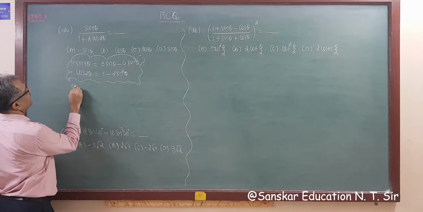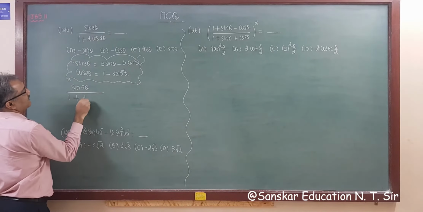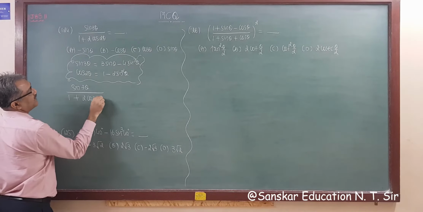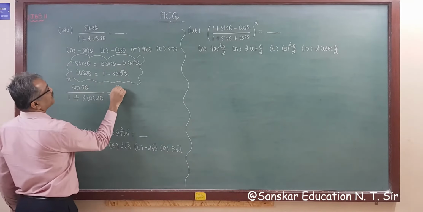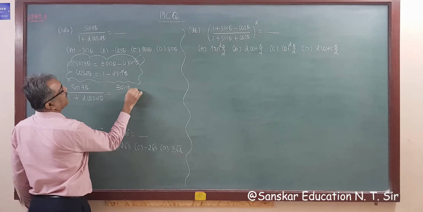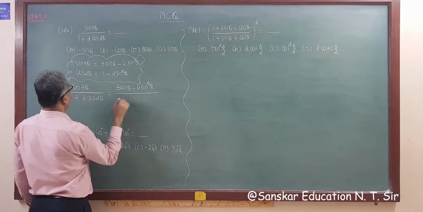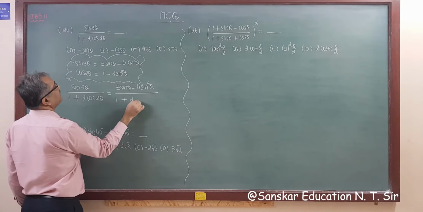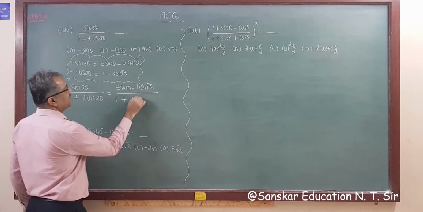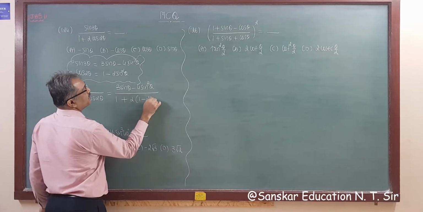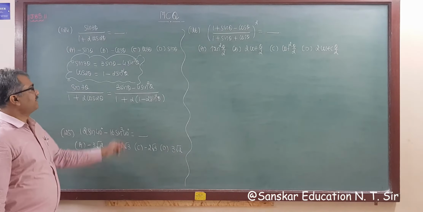So these two formulas are applicable here, and we are going to apply them. If we apply this formula, sin 3 theta upon 1 plus 2 cos 2 theta is equal to, sin 3 theta is this, so 3 sin theta minus 4 sin cube theta, upon 1 plus 2 times cos 2 theta, which is 1 minus 2 sin square theta. Right?